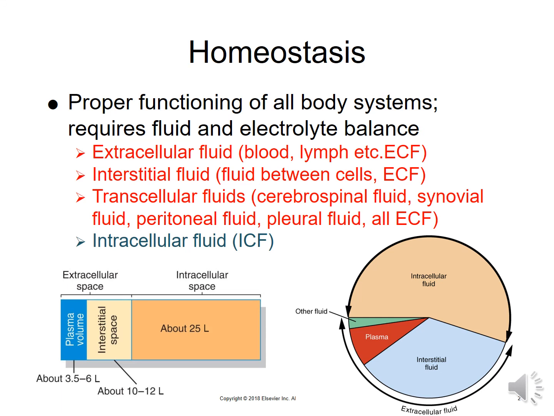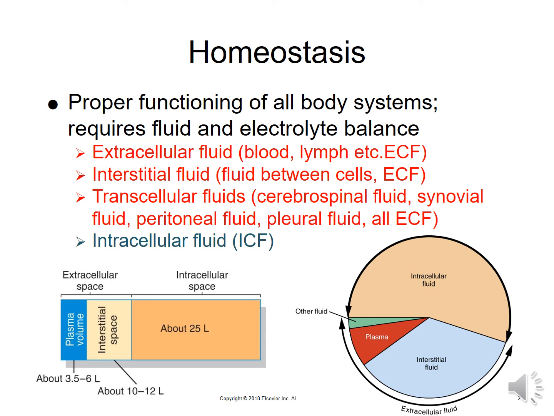So homeostasis is where the body is in perfect balance. You're going to have your extracellular fluids exactly where they're supposed to be. That's your blood and lymph, and your interstitial fluids, that's the fluid between the cells. It's going to be in balance like it's supposed to.